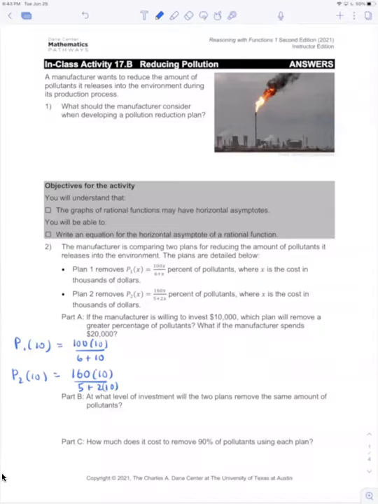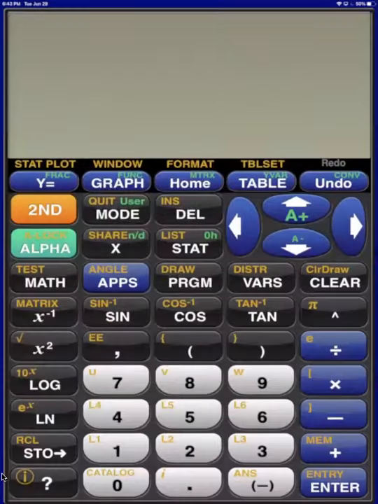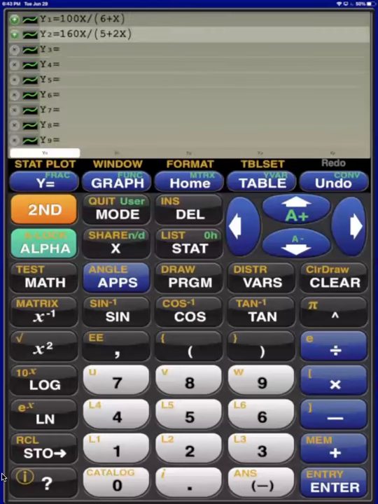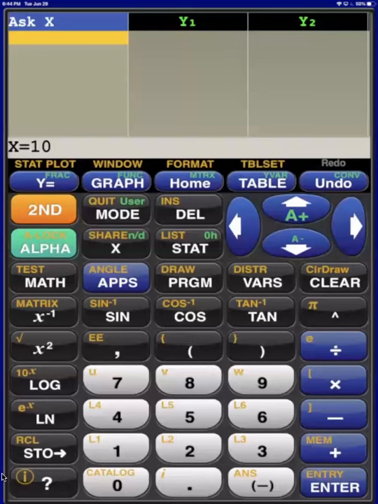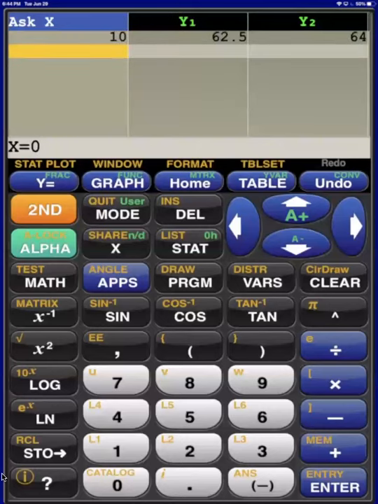Now I entered both of these into our calculator up here on the y equals screen, and we can compare these in a table. So let's enter 10 here for x, and we can see that plan 1, or P sub 1, will remove 62.5%, and P sub 2, 64%.